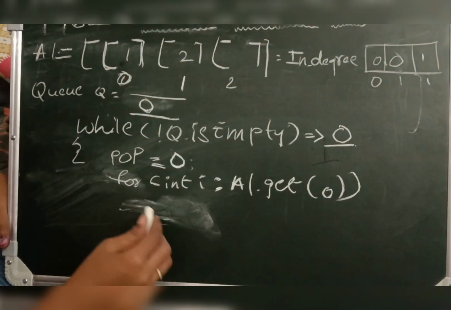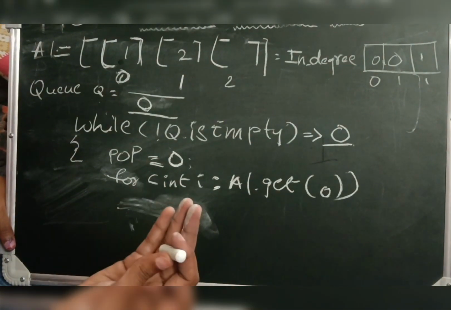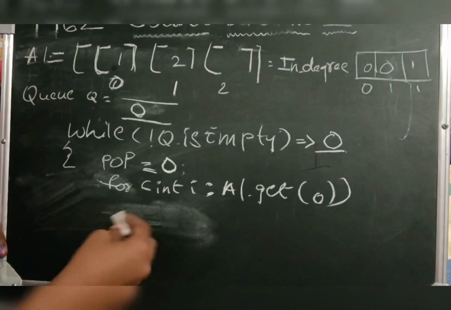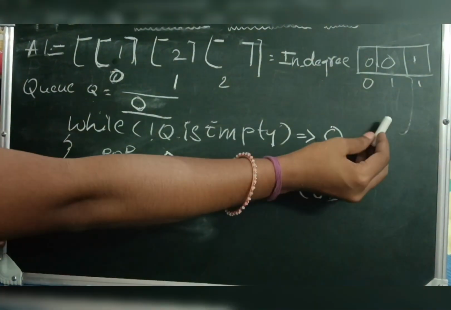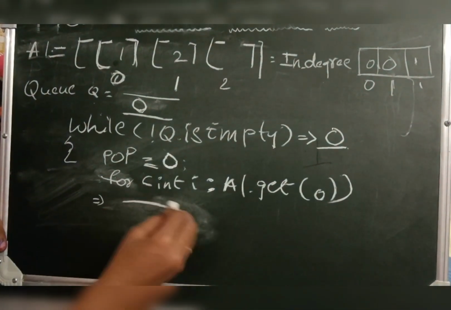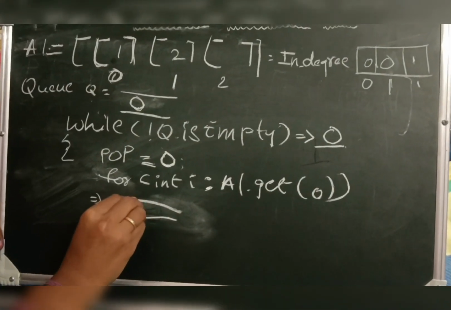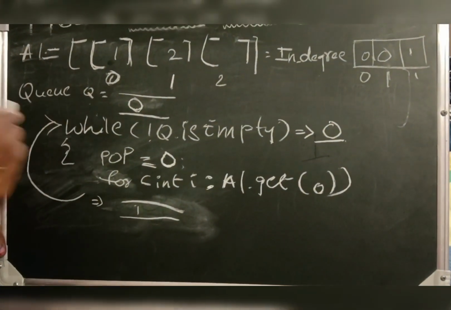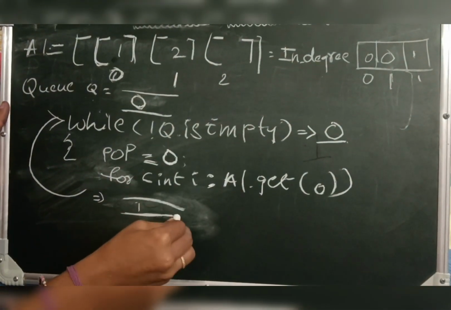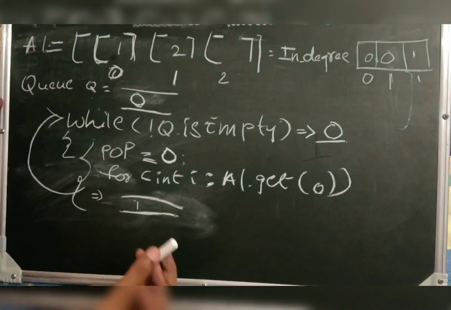After reducing the Indegree, you have to check whether it is 0; if so, you push that vertex into the queue. So here the Indegree of 1 is 0, so we push vertex 1 into the queue. Again it goes to the while loop. The queue is not empty, so it goes into the while loop and repeats the same process.